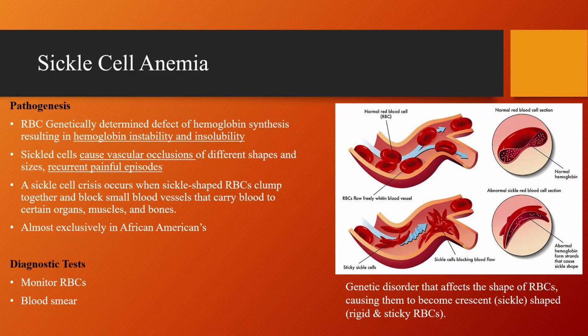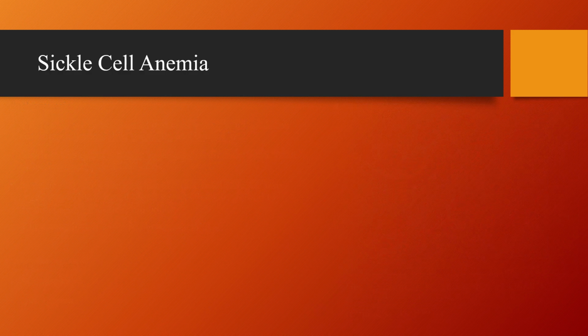There are different diagnostic tests like RBC counts as well as blood smears. Sickle cell causes recurrent painful episodes because the abnormal crescent shape makes the cells more rigid. So again, we see that jaundice because it's abnormal and it's breaking down.